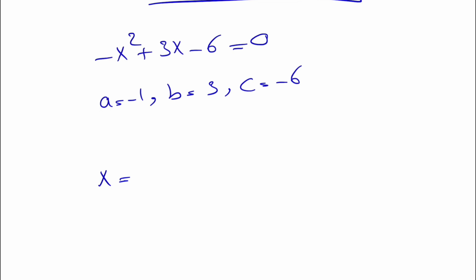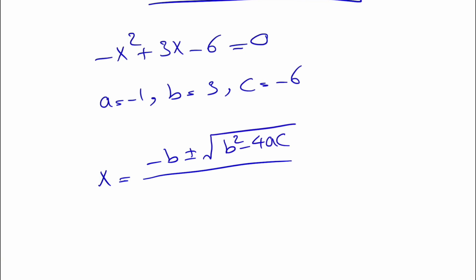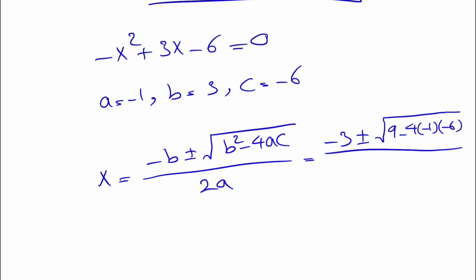So we're going to find the answers based on the quadratic formula: minus b plus or minus the square root of b squared minus 4ac, divided by 2a. So minus b will be minus 3 plus or minus the square root of b squared, 9, minus 4 times a, which is minus 1, times c, minus 6, divided by 2a, or minus 2.